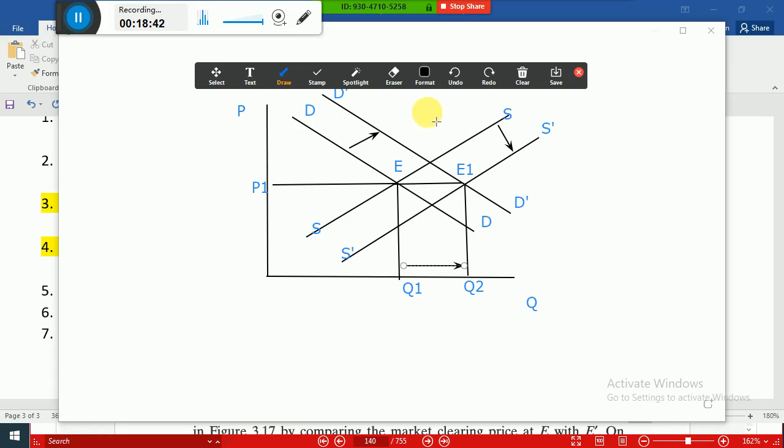So what we will do is that we will again move to the initial situation. For this purpose we will remove all the extra curves and labels so that we are at the initial situation.